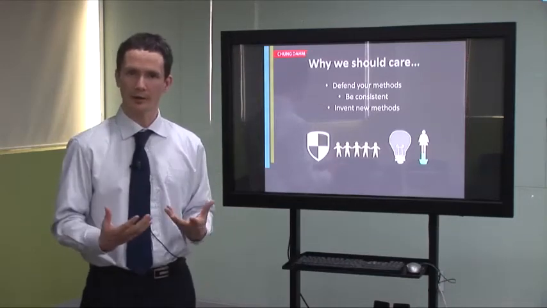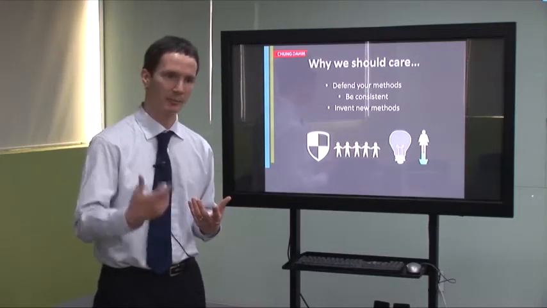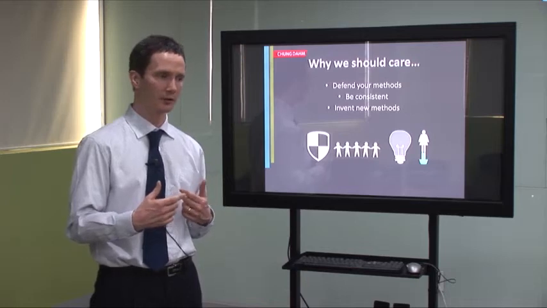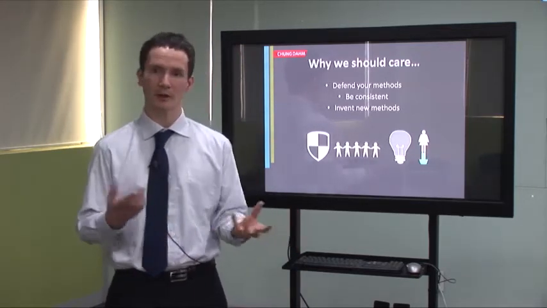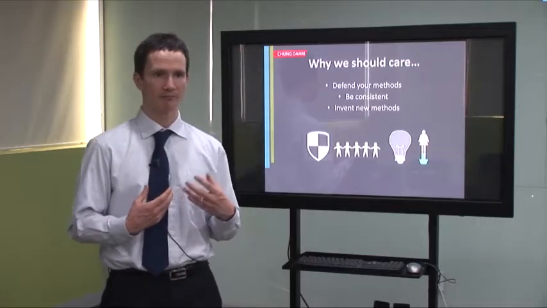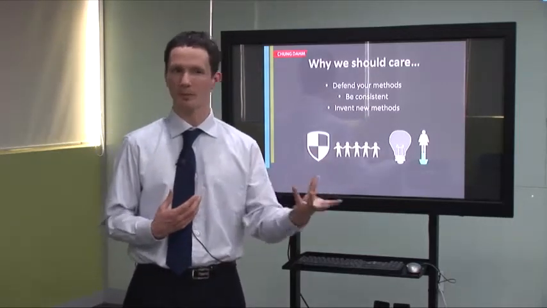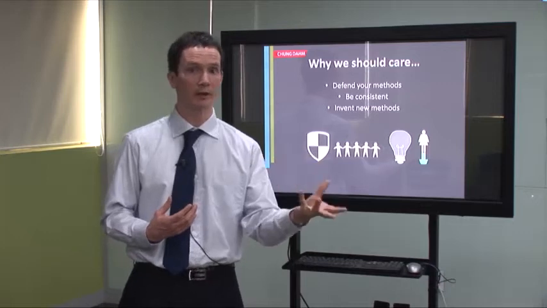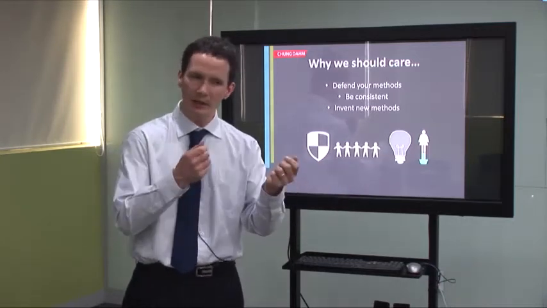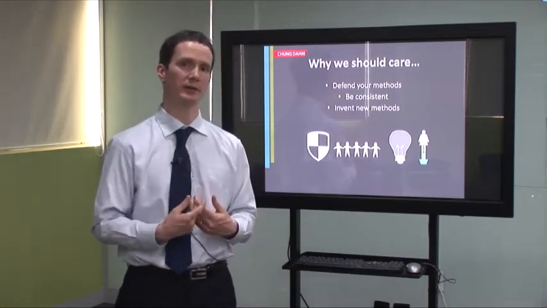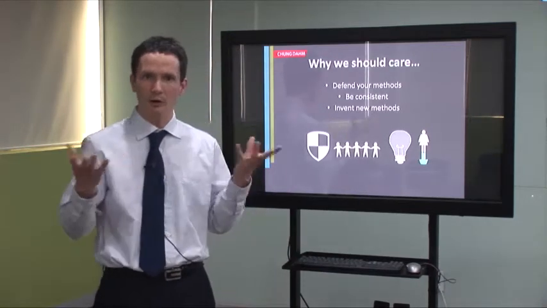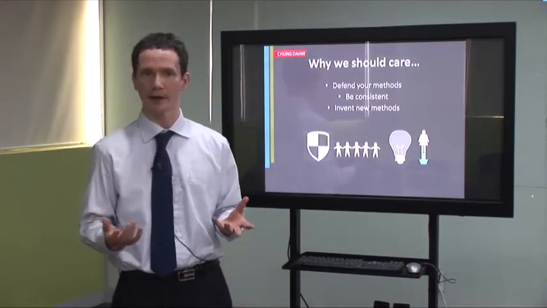When we know theory, that helps us extrapolate. That helps us to invent new methods. So when we meet students in our classroom who don't respond in a way we would like to a particular activity, we can adjust that activity and change it to meet that student's needs. Knowledge of theory allows us to do that.